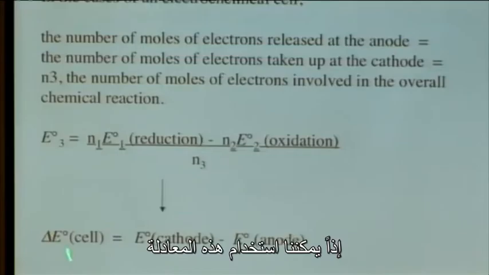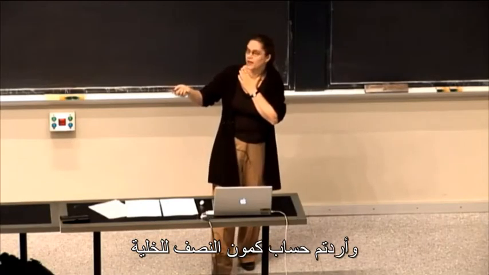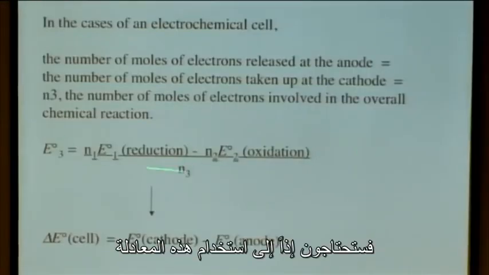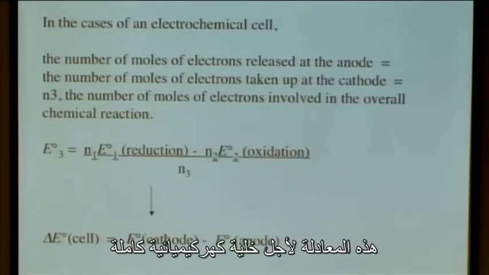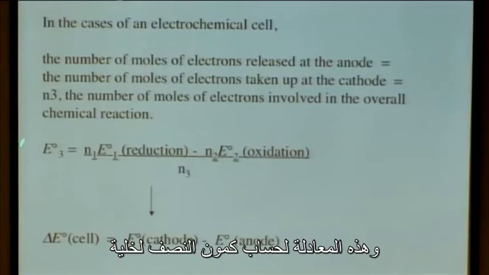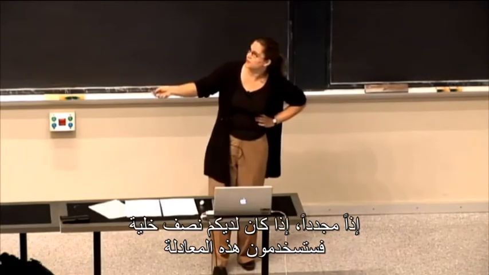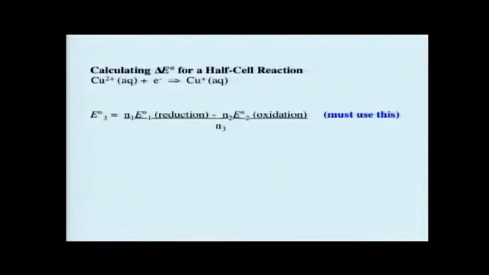So we just use this. But if it's not a whole electrochemical cell you're talking about, if you're talking about calculating a half-cell potential, then you need to use this equation. Both of these equations will be given to you on sheets for the exam. This one's for an electrochemical cell. This one's for calculating a half-cell potential. So again, if it's a half-cell potential, you want to use this equation.